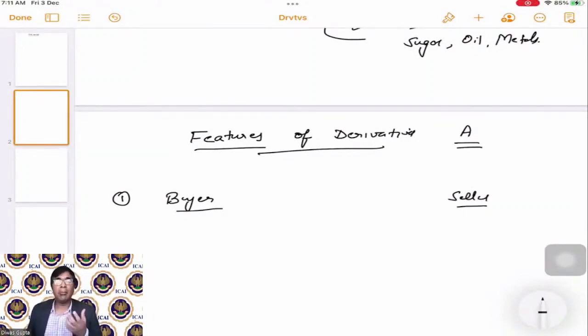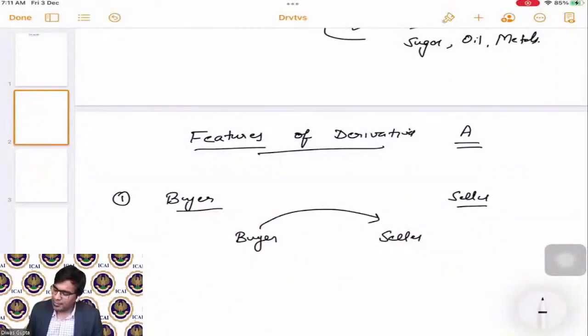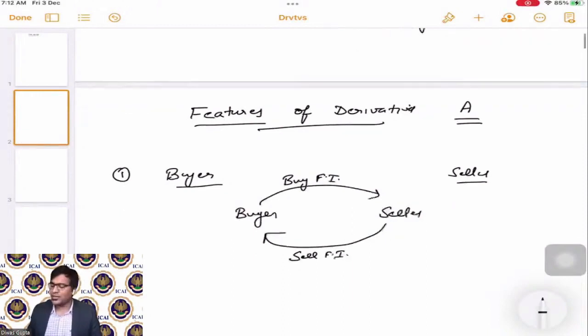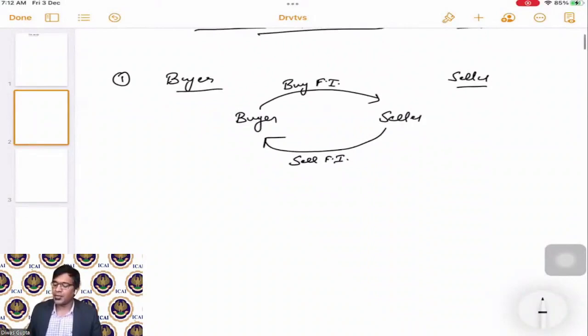So the buyer will buy the financial instrument. Just keep on noting these terms in your mind. The buyer will buy the financial instrument and the seller will sell the financial instrument. This point we will touch upon again once we study forwards and futures.